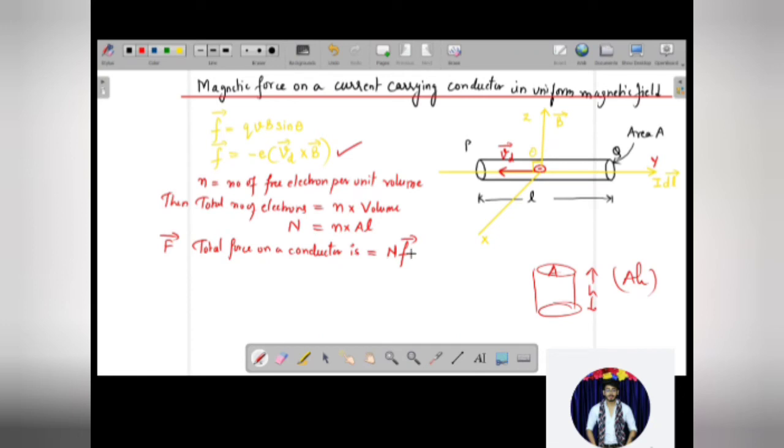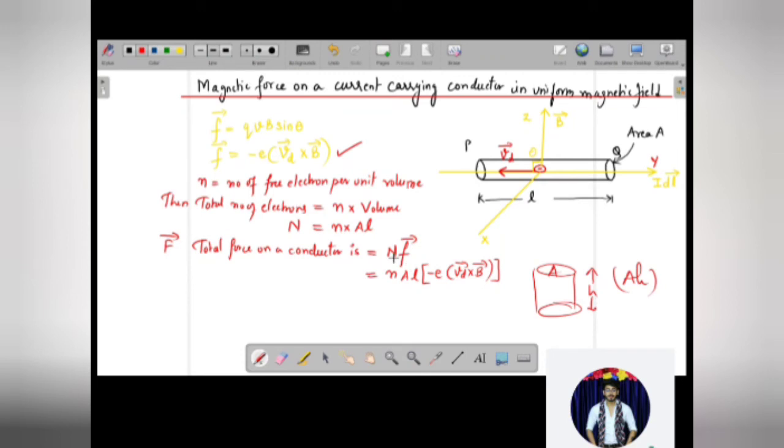So let us substitute the force acting on one electron and the total number of electrons. So the total number of electrons is n A L, and the force we have found out is minus e Vd cross B. Okay, so this is what we are going to get. So let us put a square bracket over here. So just make substitution for n and f.